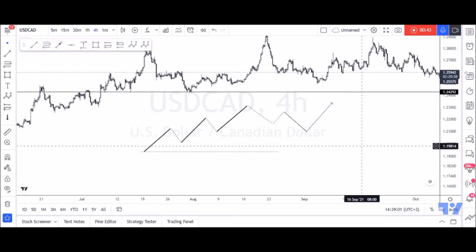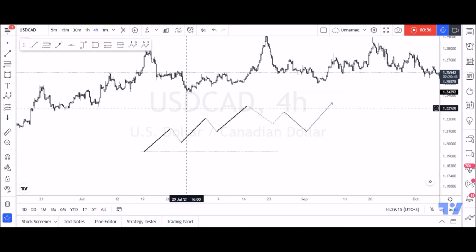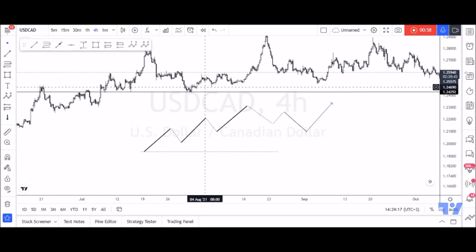We'll start by identifying common market structure, which is made up of impulse and correction waves. This impulse and correction wave from the market trend are either bullish or bearish. The trend structure is normally made up of five waves, which we are going to learn today.